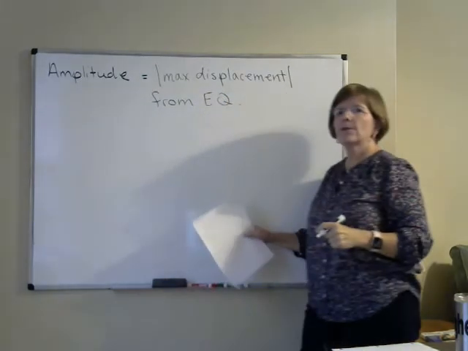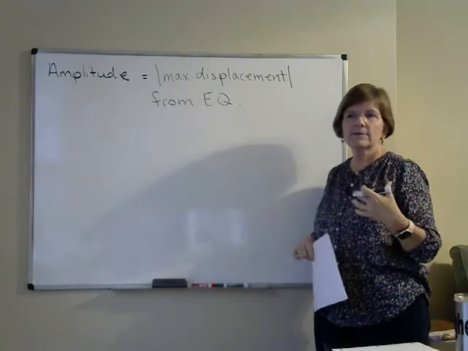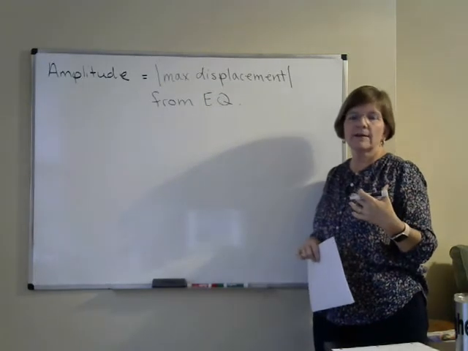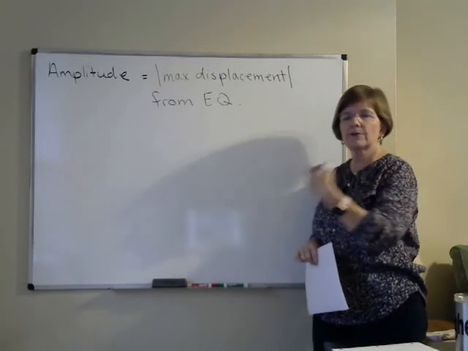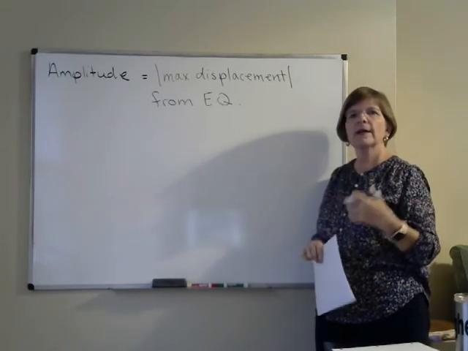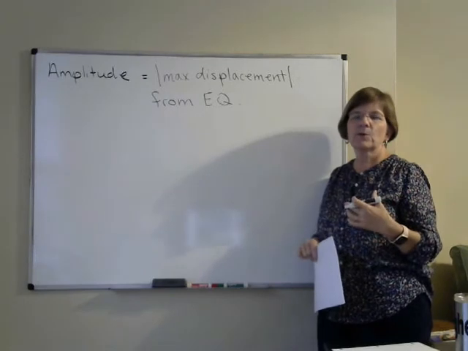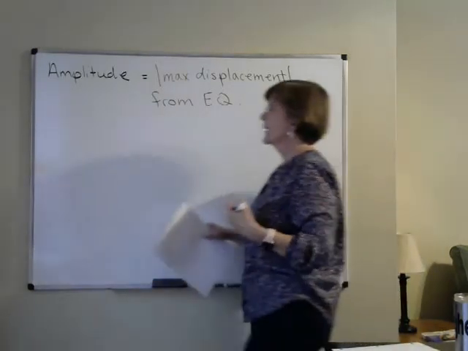So if you pulled the mass 2 meters to the left, and then it vibrated 2 meters to the left of equilibrium and 2 meters to the right of equilibrium, back and forth, the amplitude would be 2 meters. The symbol for amplitude is an A.